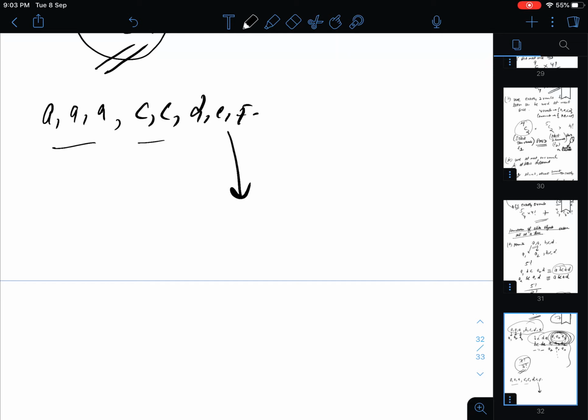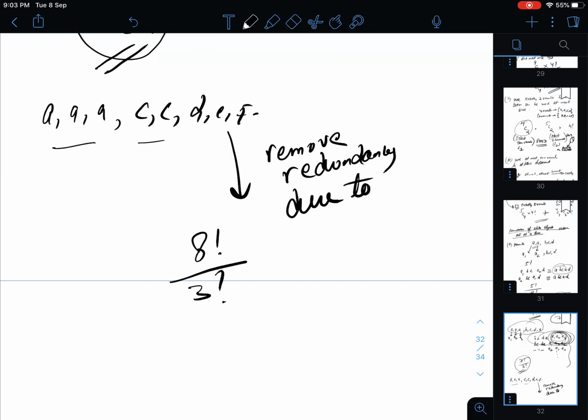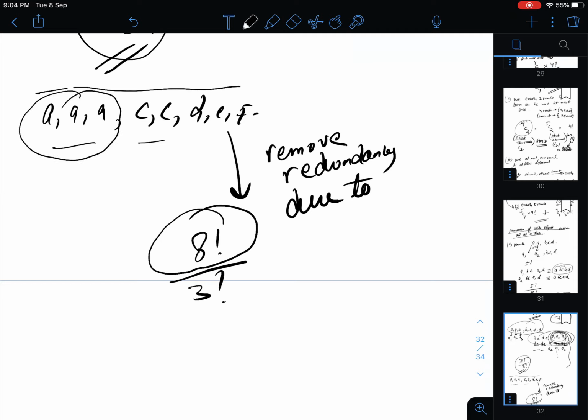First, you remove the redundancy due to A. So you have 8 factorial by 3 factorial permutations. Now you see, what we have done is, in the 8 factorial arrangements, assuming that all of these 8 alphabets are distinct, after dividing by 3 factorial, we have removed the excess permutations which were being generated by the 3 A's. But we have not accounted for the 2 C's till now.